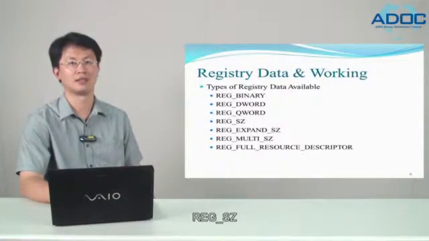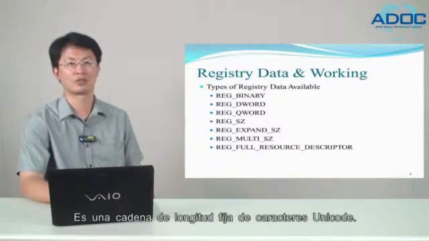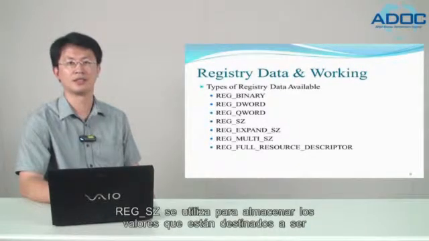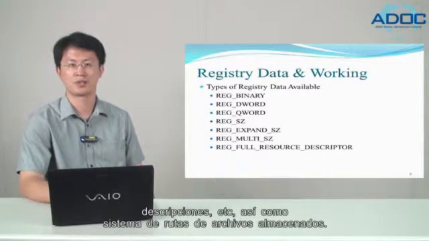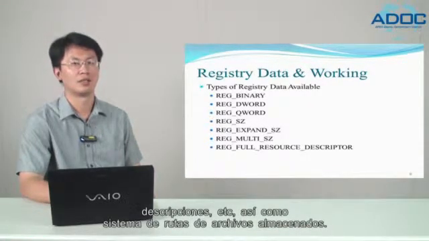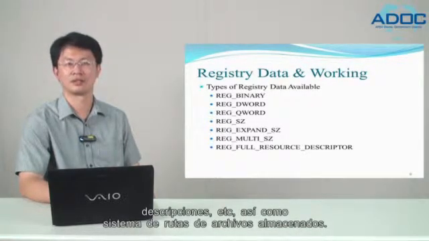And REG_SZ, a fixed length string of Unicode characters. REG_SZ is used to store values that are meant to be read by users and can include names, descriptions, and so on, as well as stored file system paths.